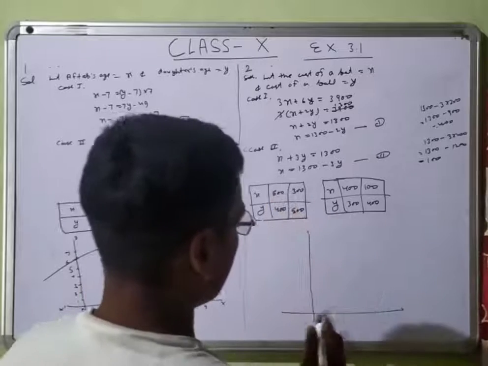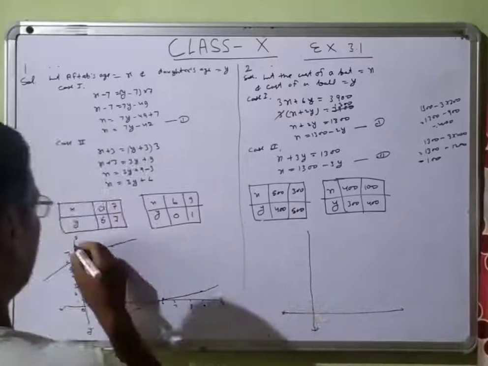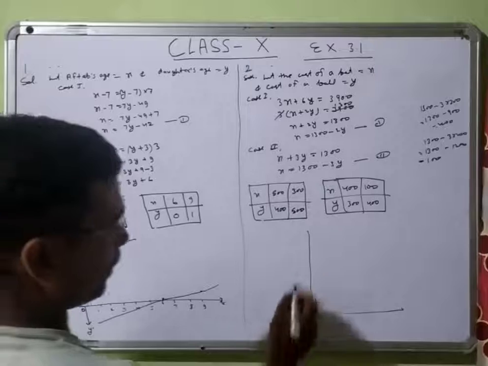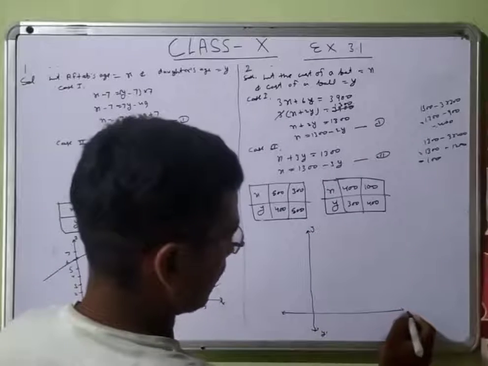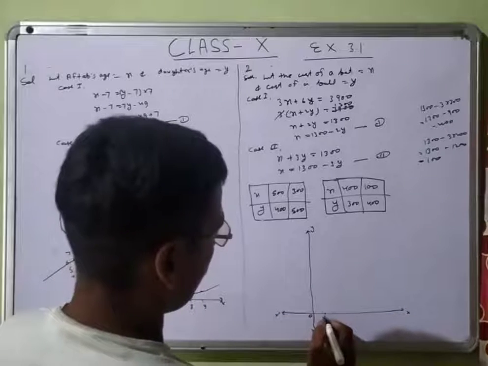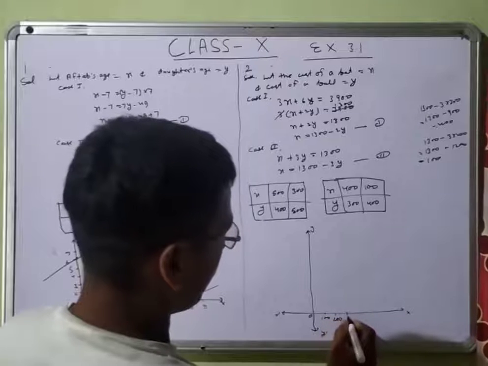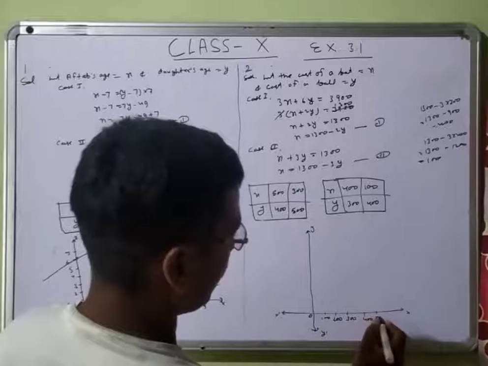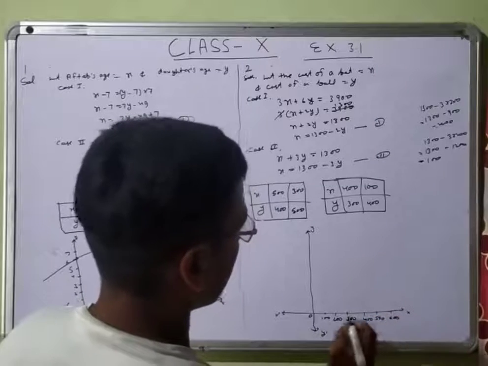No minus values here. Here also we can draw the arrow. This is the y axis, y dash, x axis, x dash, 0, 100, 200, 300, 400, 500, 600.